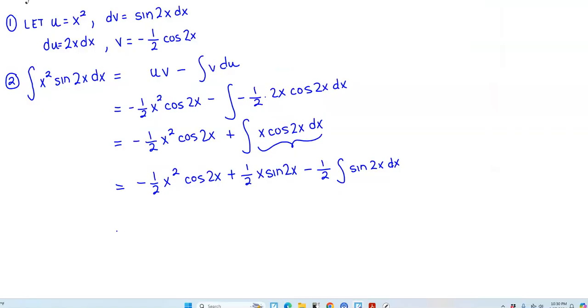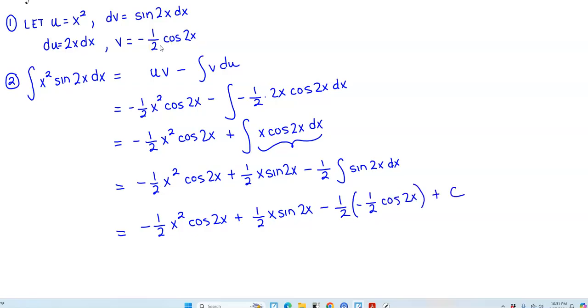Okay, so now we get negative 1/2 x squared times the cosine of 2x plus 1/2 times x times the sine of 2x minus 1/2. Well, we already know what the antiderivative of the sine of 2x dx is, which is negative 1/2 times the cosine of 2x, plus c.